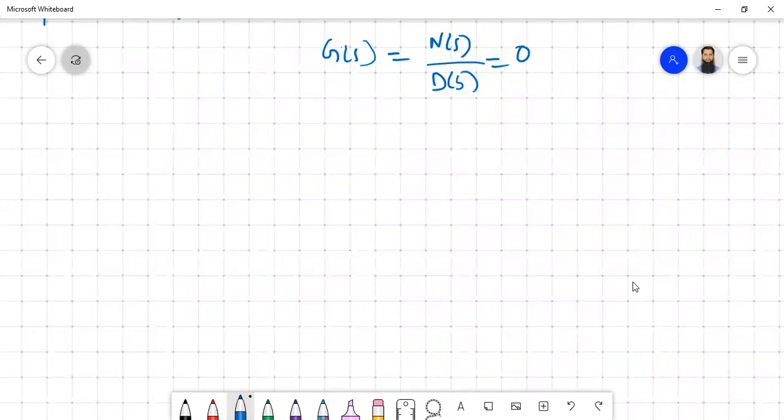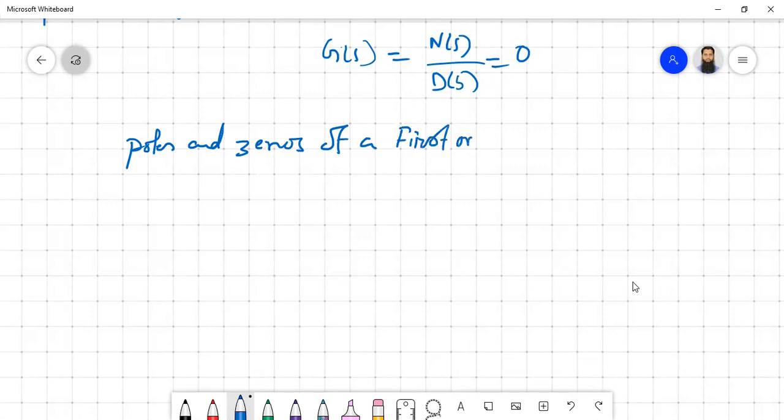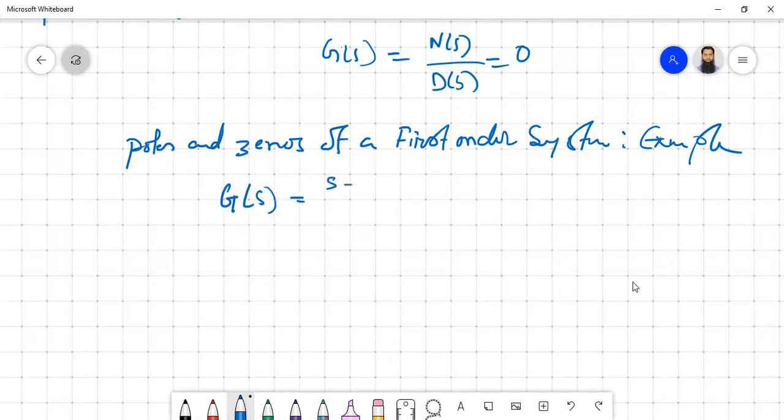So, poles and zeros of a first order system. Let us begin with an example. Say we have G(s) equal to (s plus 2) divided by (s plus 5).